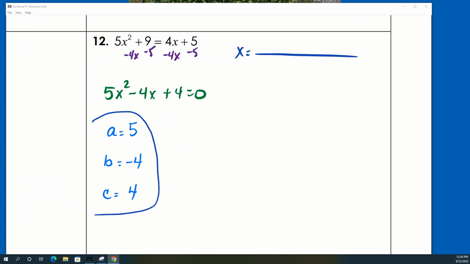All right, x equals the opposite of b plus or minus the square root of b squared minus 4ac divided by 2a.